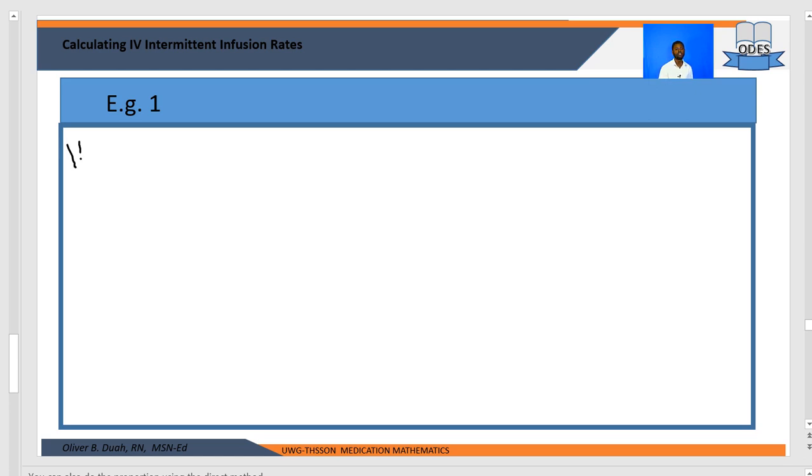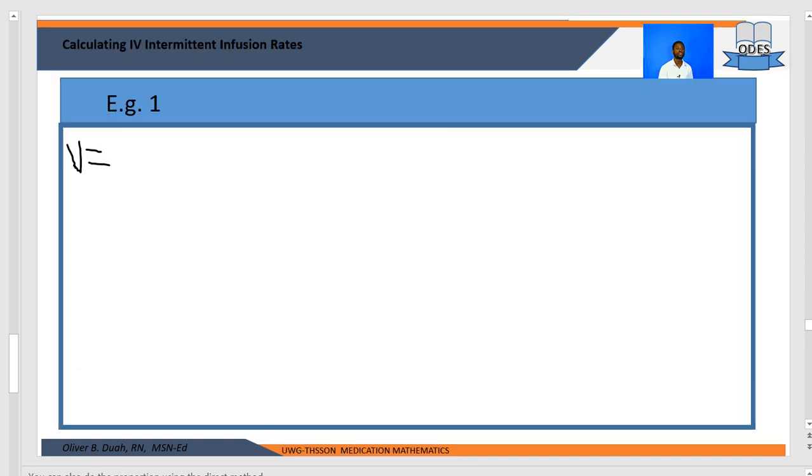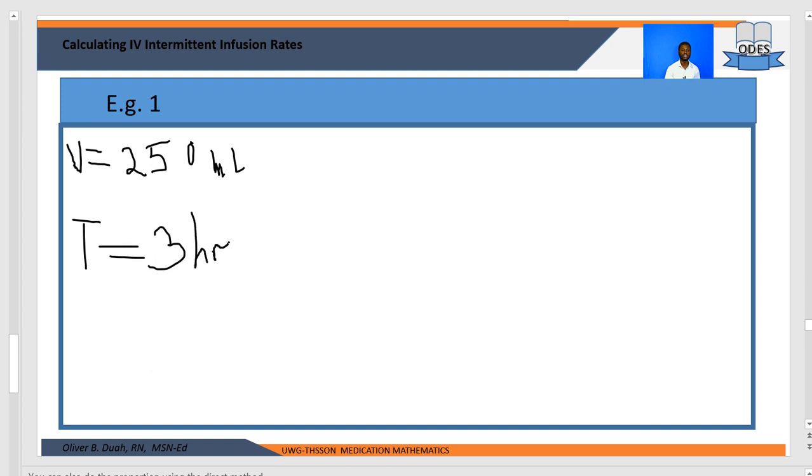So, first of all, let's find the components or the variables in this question. We have our volume to be 250. So our volume is 250 ml. And then our time is 3 hours.